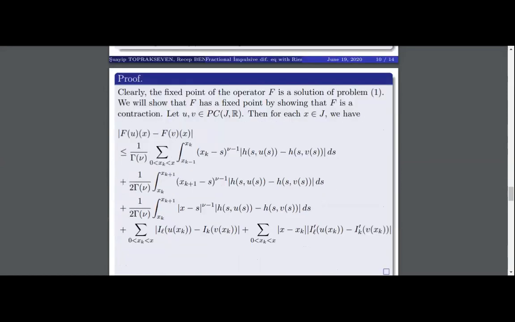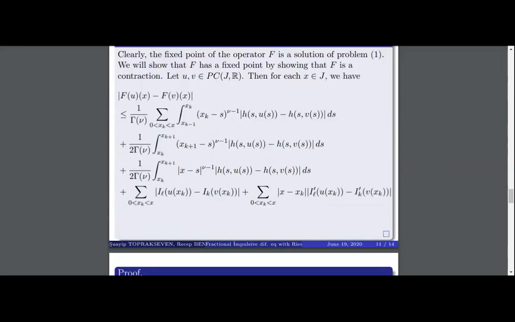Again, we will show this by showing F is a contraction mapping. Some algebraic manipulation shows that the norm of Fu minus Fv is less than or equal to this quantity.